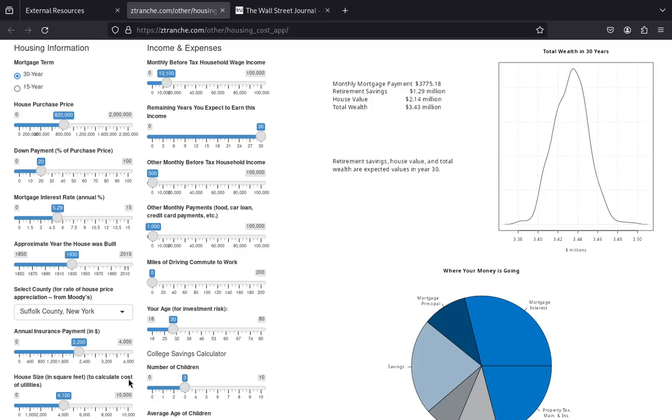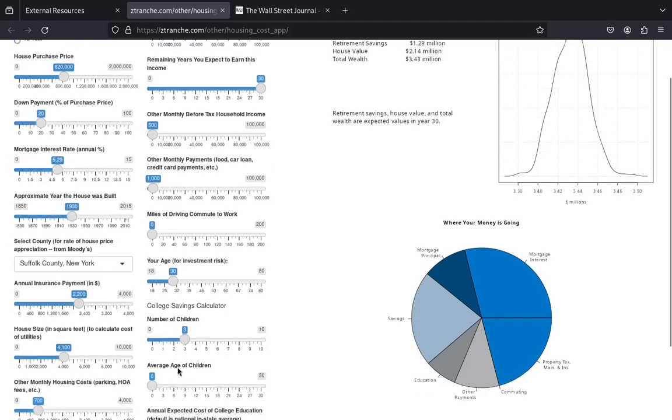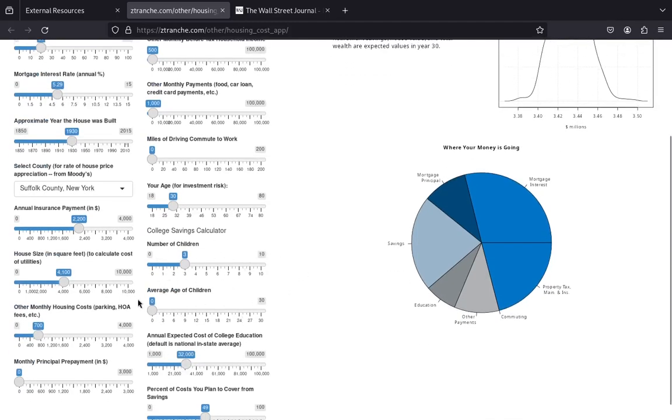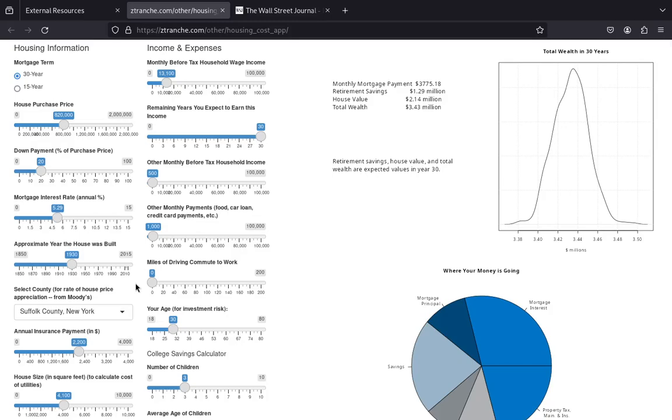And then it has a lot of other aspects. Obviously, it has how much you make, your income, other expenses that you have, and then it looks at your age for investment risk. And then we'll do a little college savings calculator. So it's kind of all aspects of your financial life here.